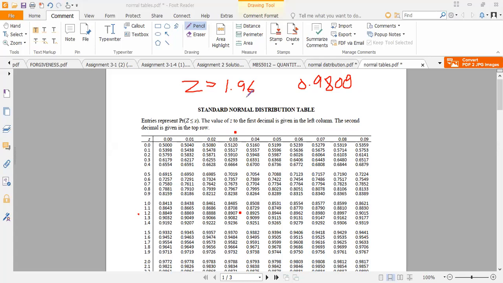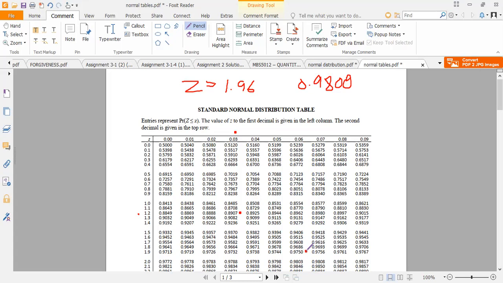For 1.96, we go to under 1.9 and 0.06 here. So it's 0.9750, isn't it?